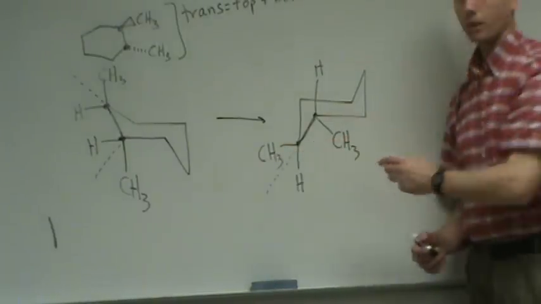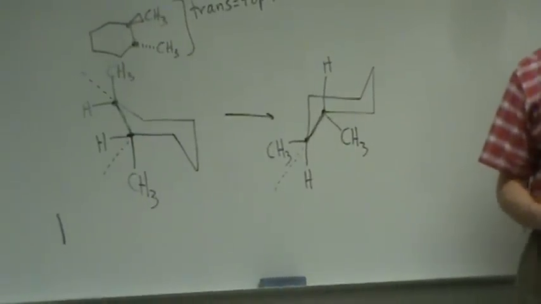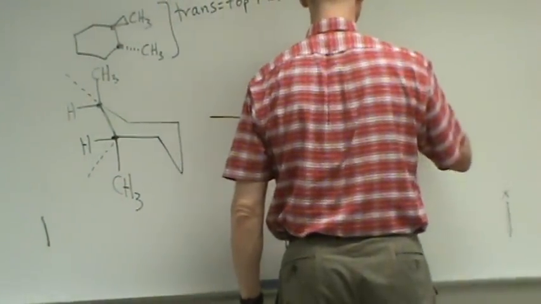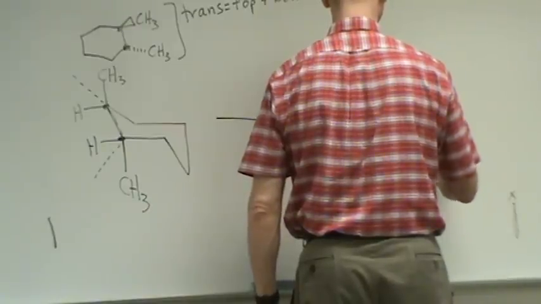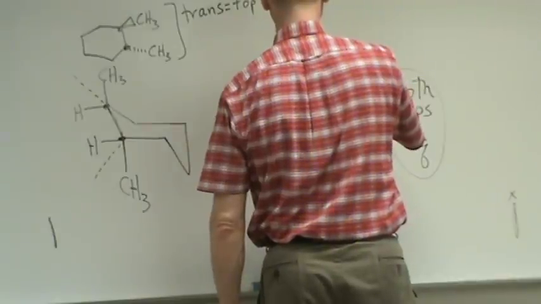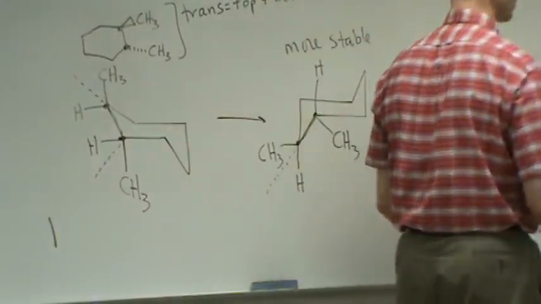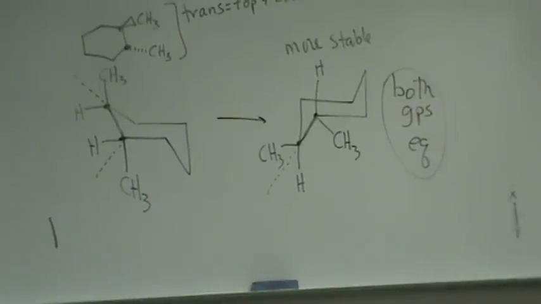Because what? They're both equatorial. Over there, they're both axials. Axials are bad. Okay? So here, both groups are equatorial. So this will be the more stable ring, or the more stable cyclohexane.